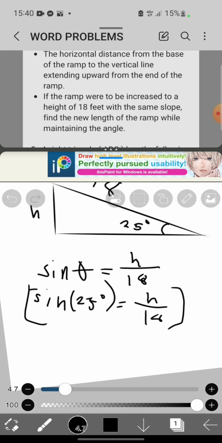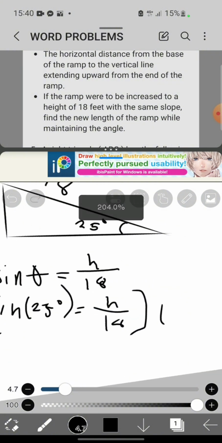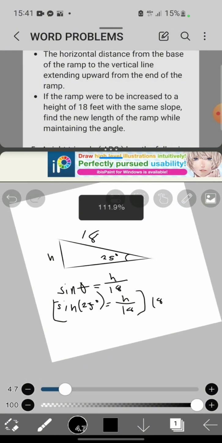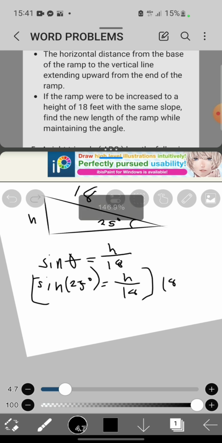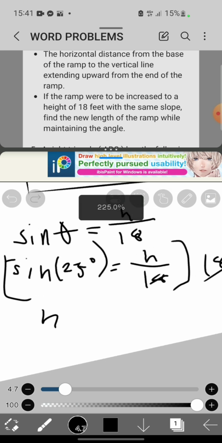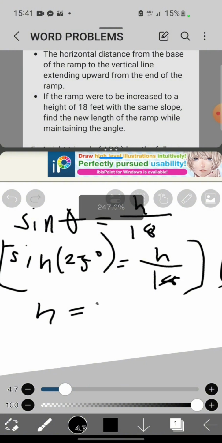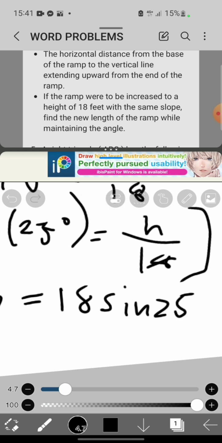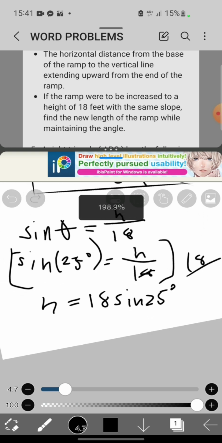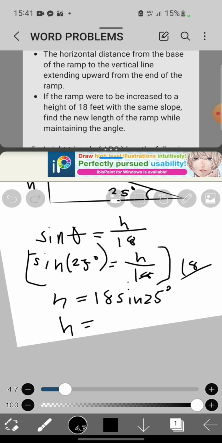So multiply both sides by 18. H is equal to 18 sine 25 degrees.